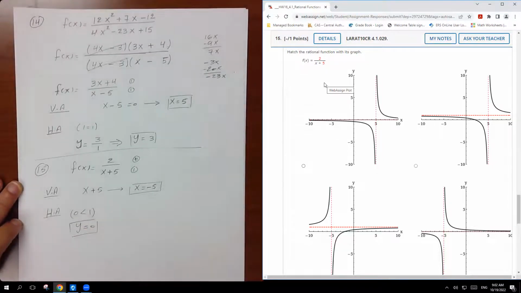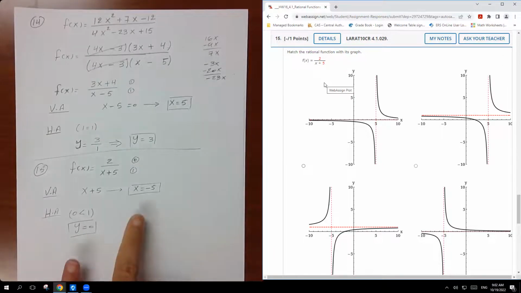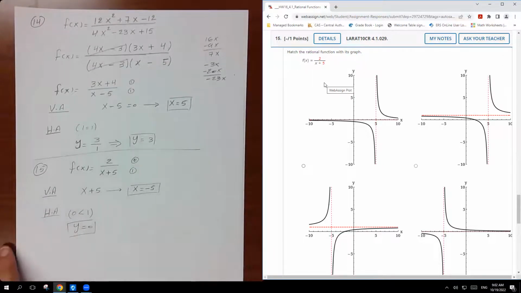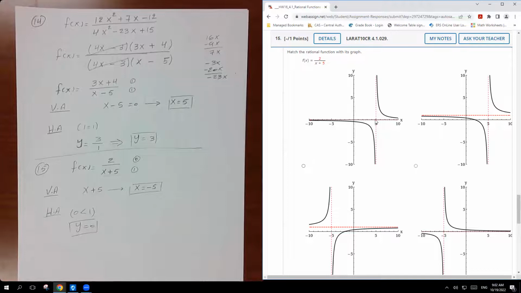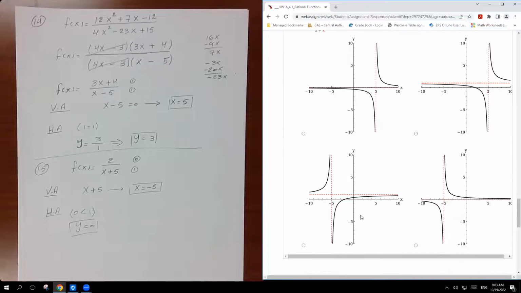So let's check which one we have for these two. Vertical asymptote, negative 5. So look, here is positive 5. This is positive 5. So we're going to cancel these two. We're not going to choose this one. We're not going to choose this one. Now let's look at this one, also positive 5.